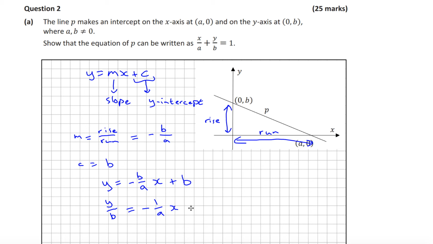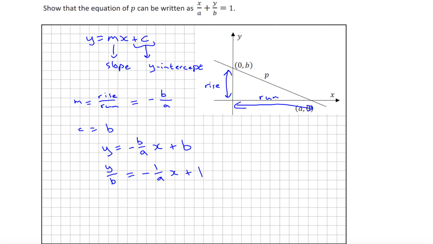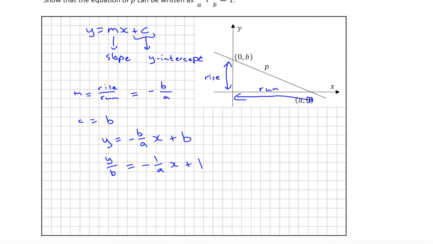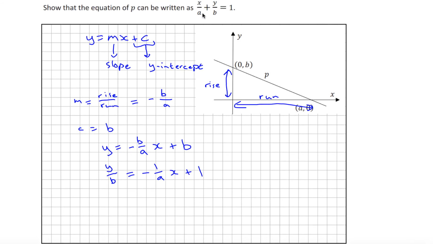And if I divide b by b, I get 1. So it's looking a bit closer to the shape I want. I want x over a plus y over b equals 1.